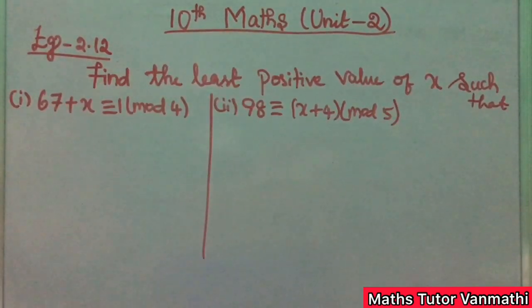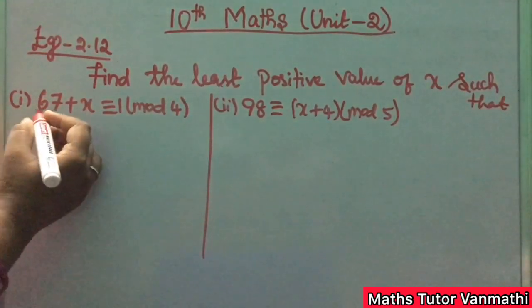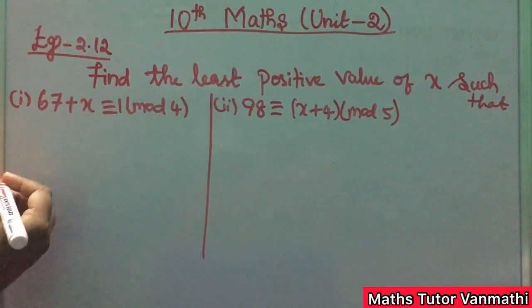Example 2.12. Find the least positive value of x such that 67 plus x is congruent to 1 mod 4, and the second subdivision is 98 is congruent to x plus 4 mod 5. Clear? From this we can say that the first subdivision is 67 plus x congruent to 1 mod 4.